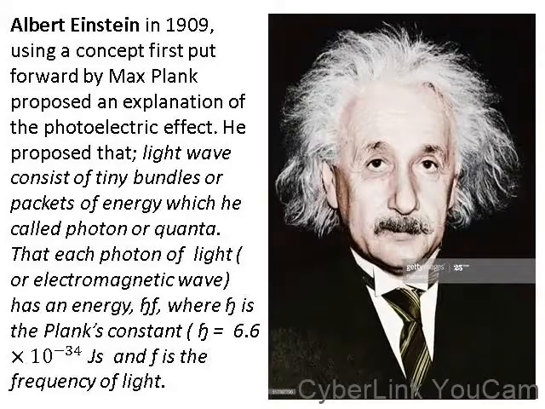Let's check it out. Albert Einstein, in 1909, using a concept first put forward by Max Planck, proposed an explanation of the photoelectric effect. He proposed that light consists of tiny bundles or packets of energy, which he called photons or quanta.